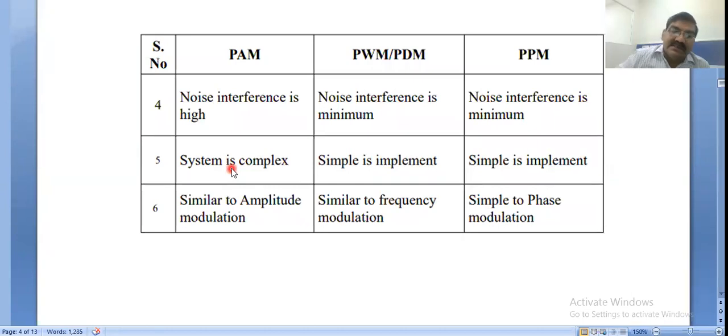Okay, I'll share it. The system is complex because here you have amplitude variation, and as we are going for the pulse system, there are some standards. The voltage of the pulse is a standard parameter. For TTL, it is 0 to 5 volt.